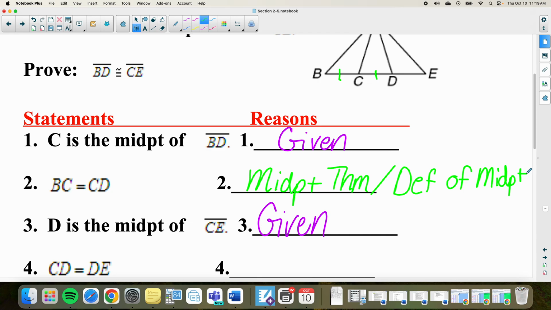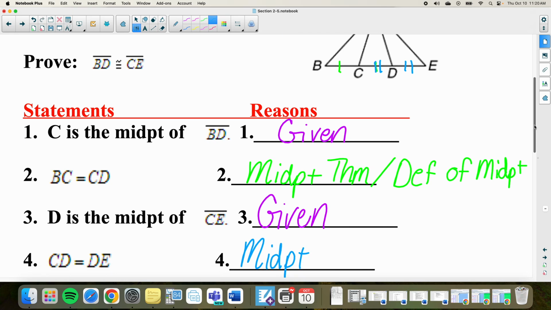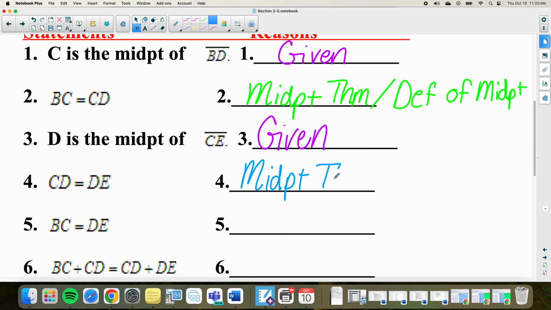Now, they also tell us that D is the midpoint of CE. So that means this is going to be equal to that. So that's what they did in step 4, and that's the same thing. It's either going to be midpoint theorem, or it is going to be definition of a midpoint. Whenever you're given a midpoint, you have to do one of these two for a step for each midpoint you're given.